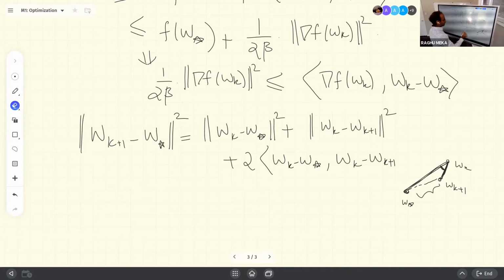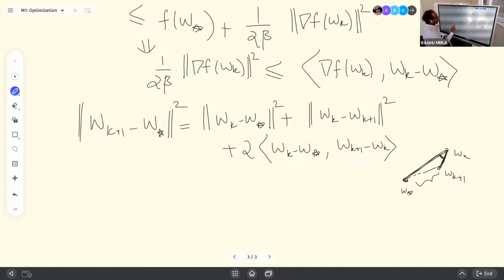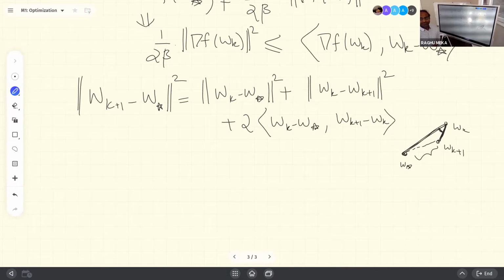It should be wk plus 1. Okay? This is just the cosine formula, or a higher dimensional version of it.